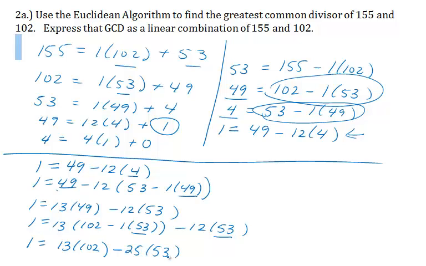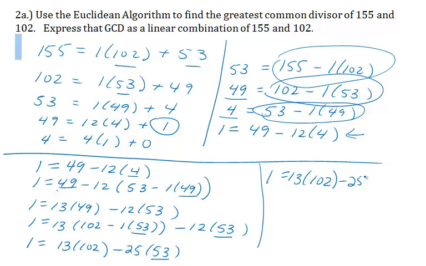So we need to go through this process one more time. We've got 53 equaling 155 minus 1 times 102. So let me put that right over here. So we're going to replace this 53 with its new name. 1 equals 13 times 102 minus 25 times 155 minus 1 times 102.